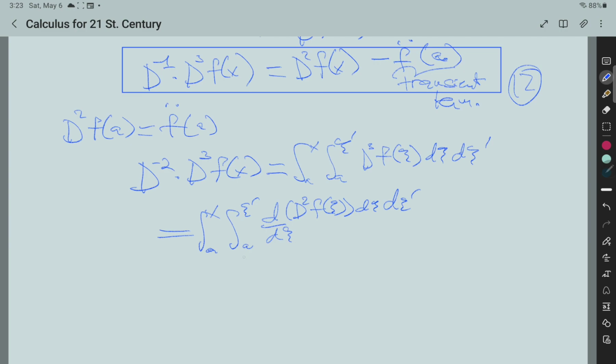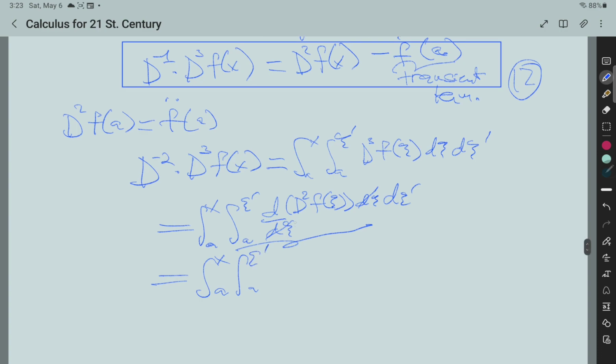So if we do this integration, this cancels this, so we're left with just a to the x, a to the c prime, and then this here is just d of d squared f of c, and then I have a dc here, dc prime here.